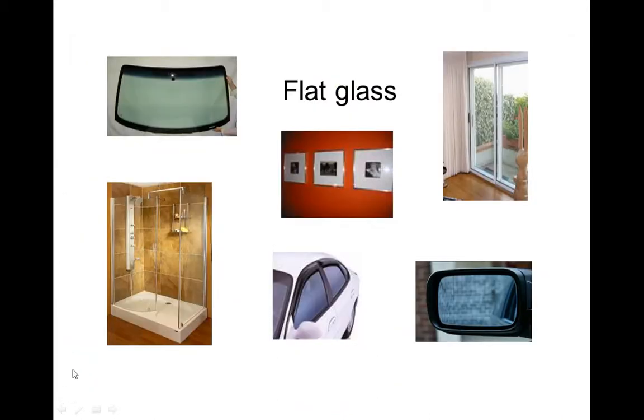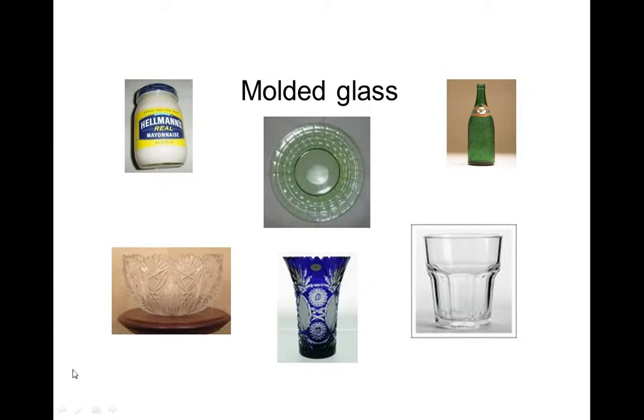There are several types of glass that are commonly seen in a forensic laboratory. Flat glass, which might be anything from doors, windows, mirrors, to molded glass, which might be something such as plates, glasses, jars, or bottles.